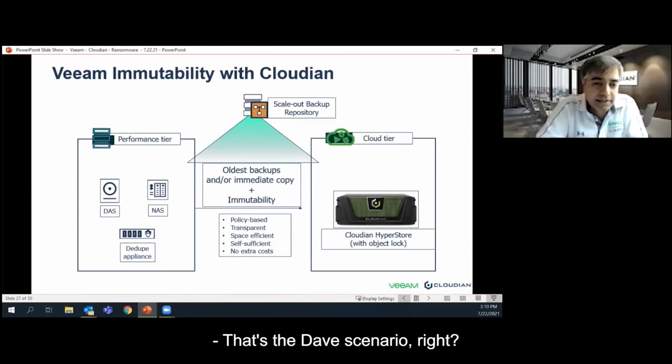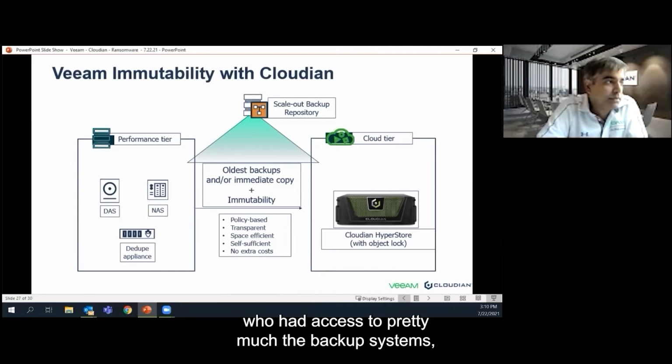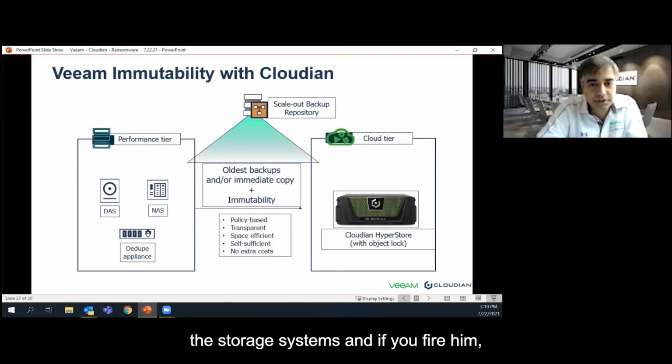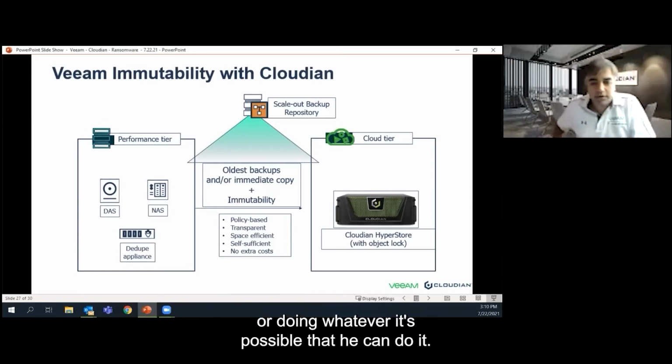So that's the Dave scenario. In Ryan's slides, that was Dave, the system admin, who had access to pretty much the backup systems, the storage systems, and if you fire him, he's gonna create a house fire by deleting or doing whatever. It's possible that he can do it.